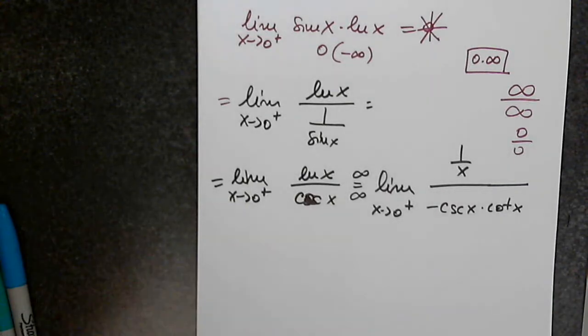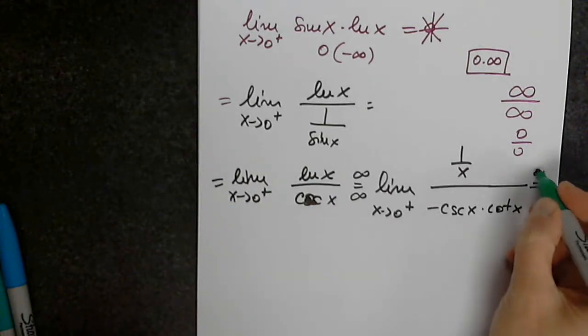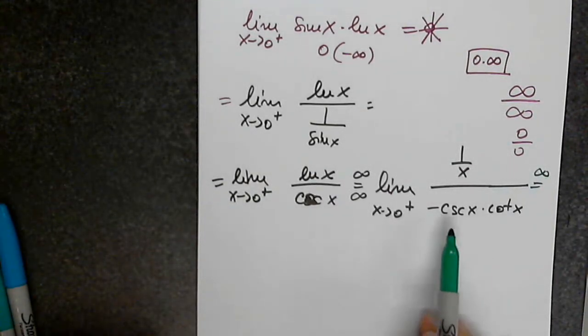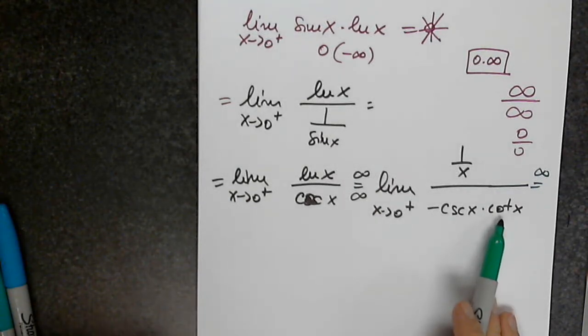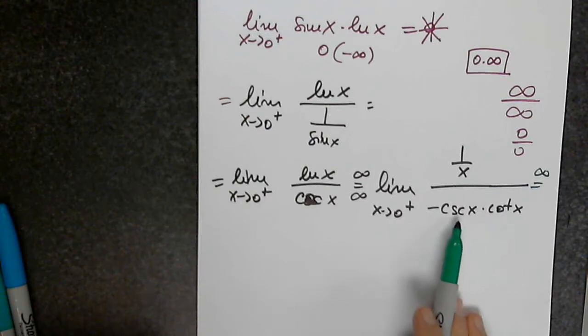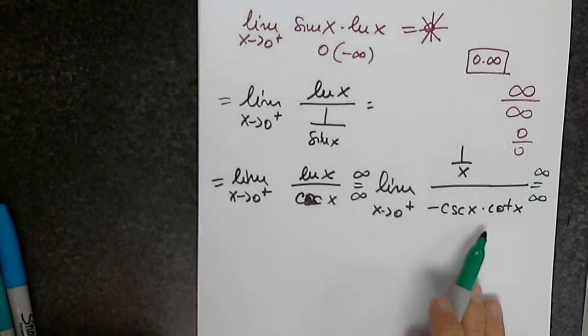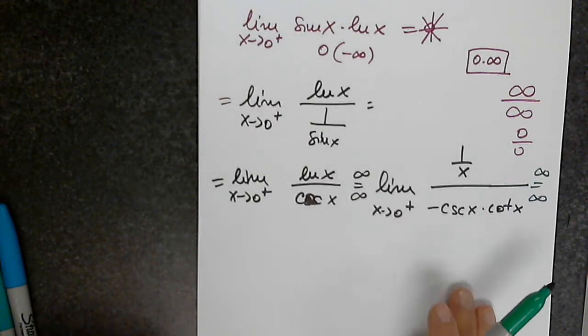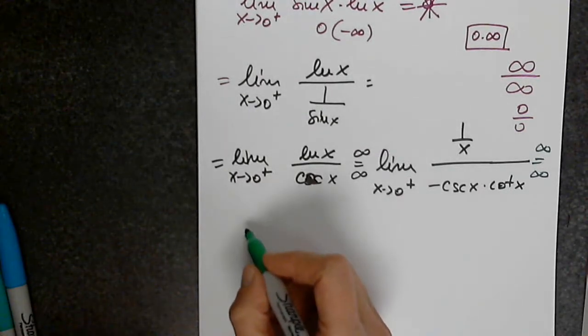No. All I can do right now is just plug in 0. And I see that this is infinity. When I plug in 0, cotangent is cosine over sine, so that's infinity. And this is 1 over sine, so that's another infinity. So this is infinity, but I don't want to differentiate this product if I can avoid it. But I have to take that aside and see what this is.